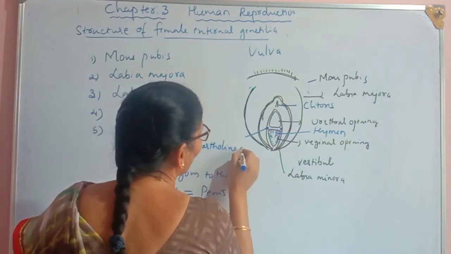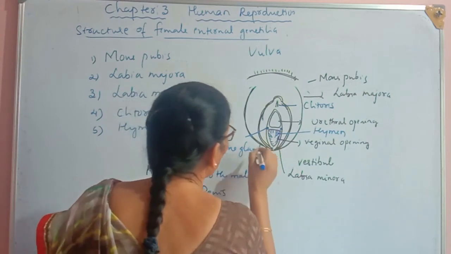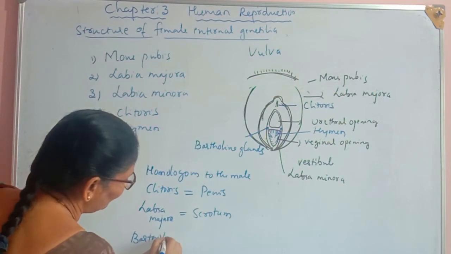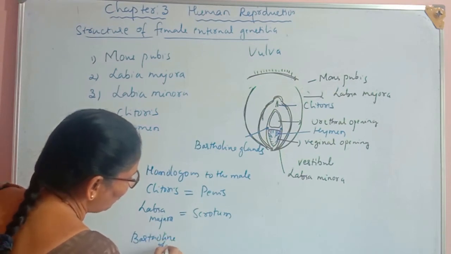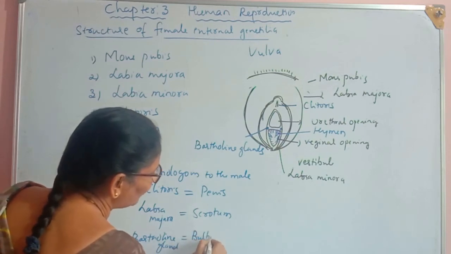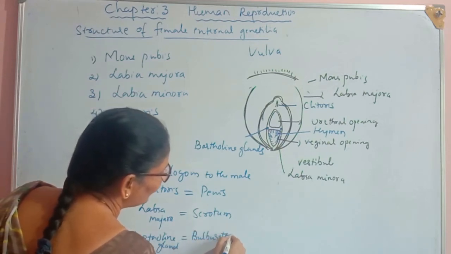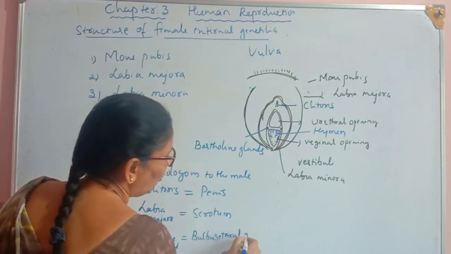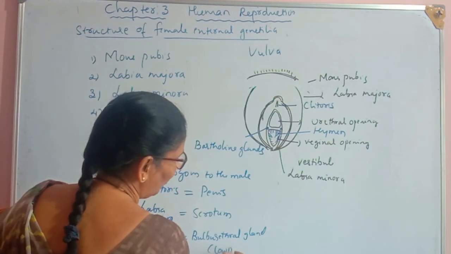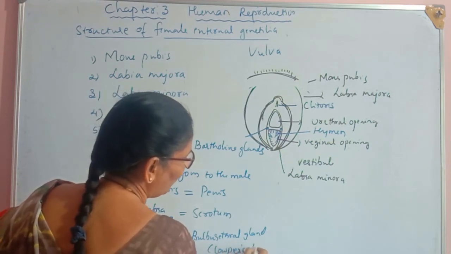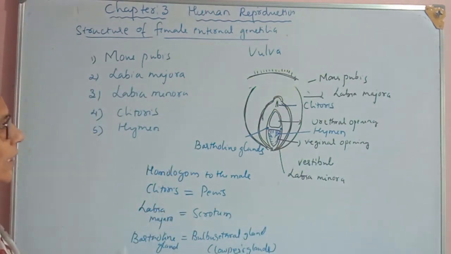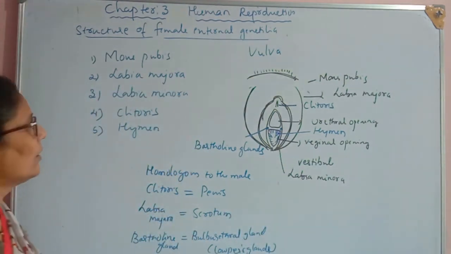The Bartholin's glands of female are homologous to the bulbourethral glands or Cowper's glands of male. So this is the external genitalia of female.